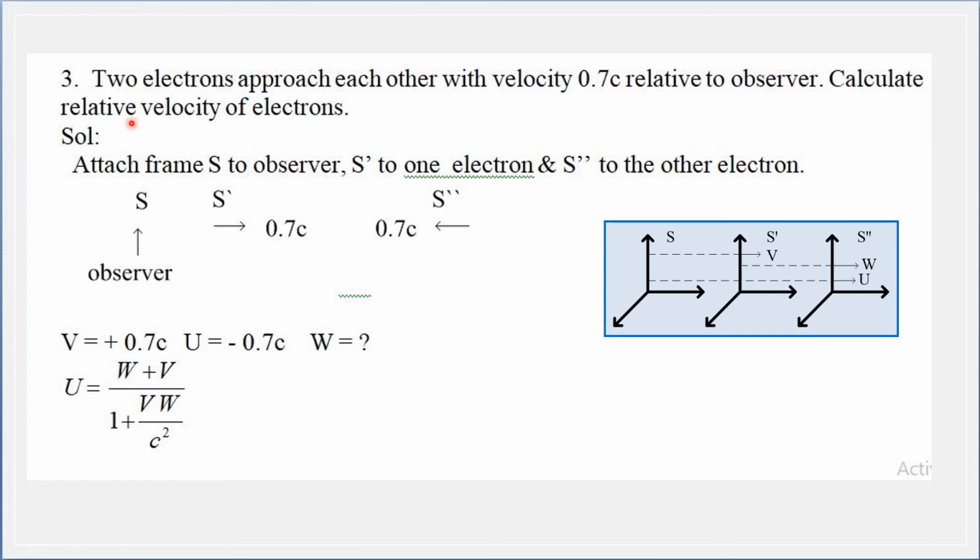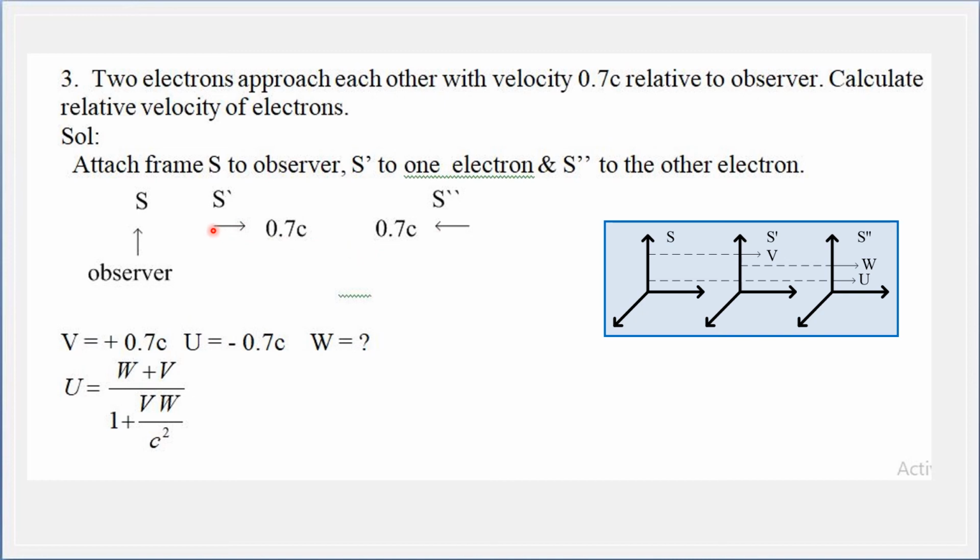Now in this problem, two electrons approach each other with velocity 0.7 c relative to the observer. See, the two electrons are approaching each other. One electron is approaching the other electron. The two electrons are not approaching the observer, but the two electrons are approaching each other with velocity 0.7 c relative to the observer. That means these two electrons are approaching each other.